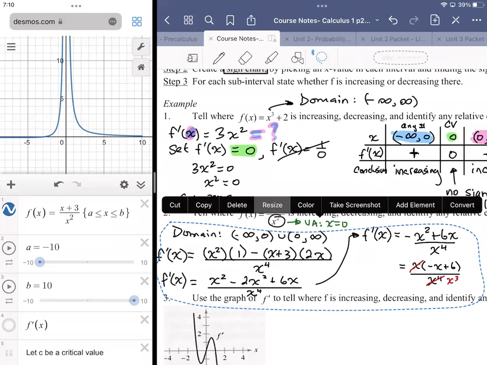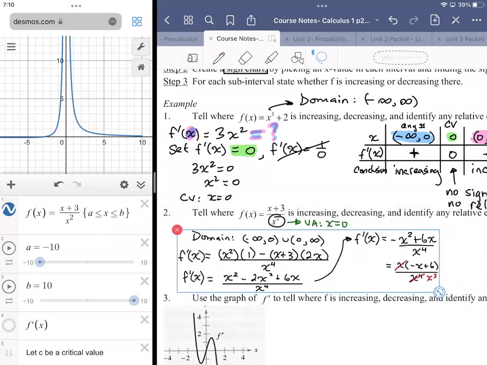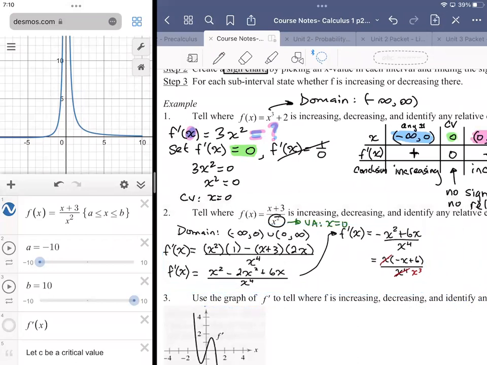And then we can start getting into the part of the process where we find critical values, because f prime of x is equal to negative x. Well, that's just great. Oh, we got to it quickly.